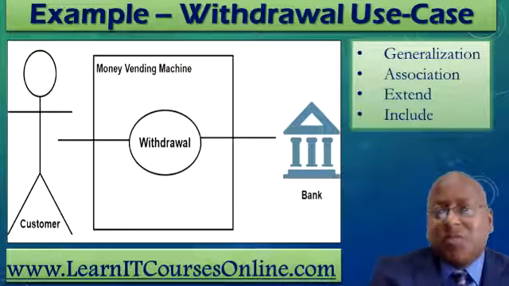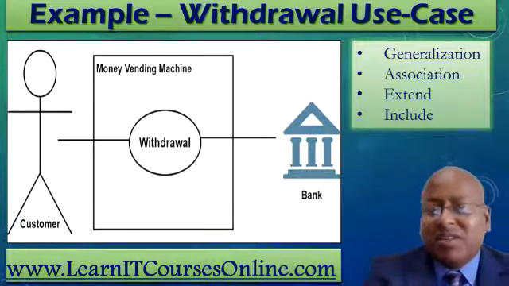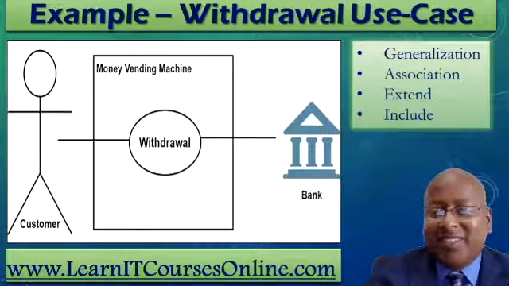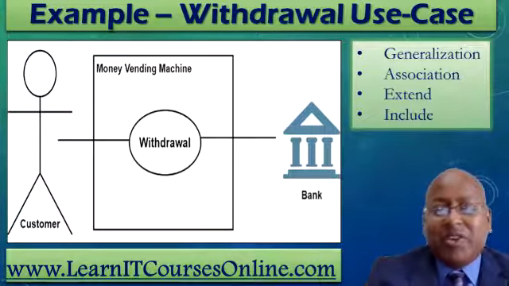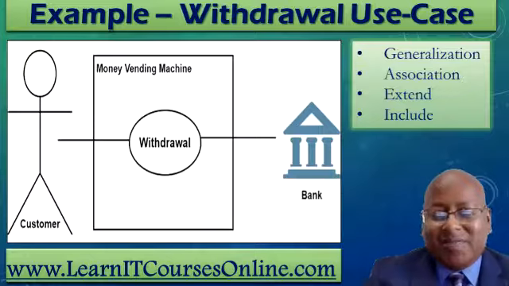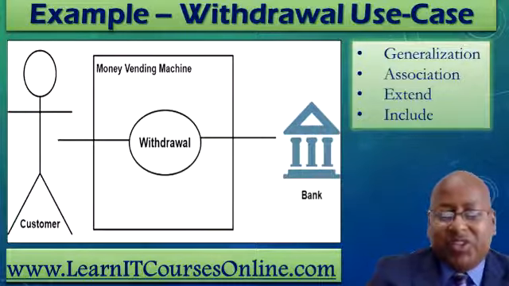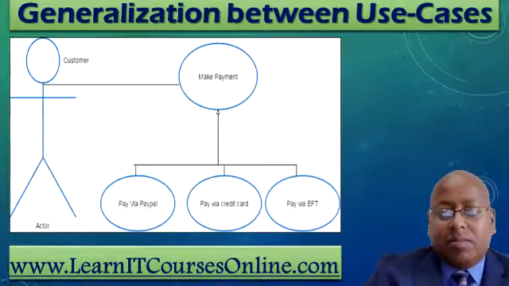And now as you're looking more and more into different use cases, you start to imagine pretty much all of your interfaces and all of your interactions with different software applications, whether you're at the ATM machine withdrawing money, or you're in a web portal purchasing something, how those use cases interact. And now we're going to elaborate a little bit more on those relationships of generalization, association, extend, and include.